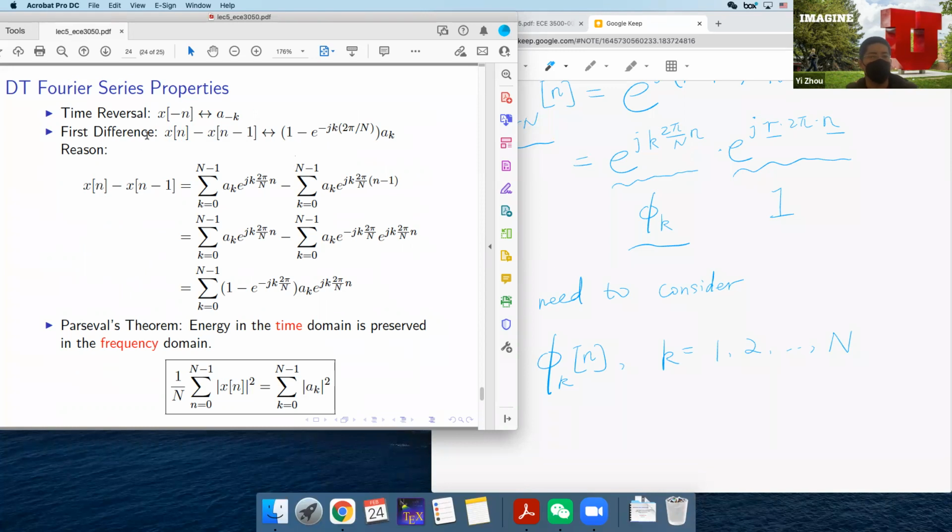Such a first difference signal means x[n] subtracting the previous x[n minus 1]. For this difference signal, the corresponding Fourier series spectrum is given by a_k times a constant, 1 minus e to the power of negative j k omega naught. So this is one of the differences, the differentiation part.